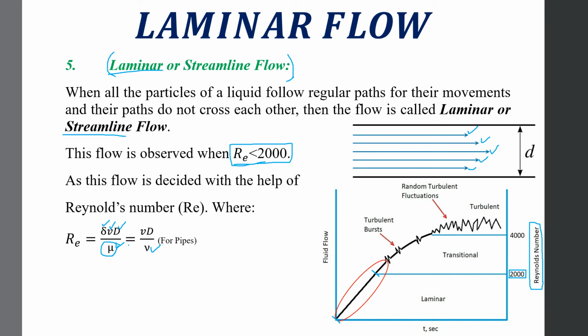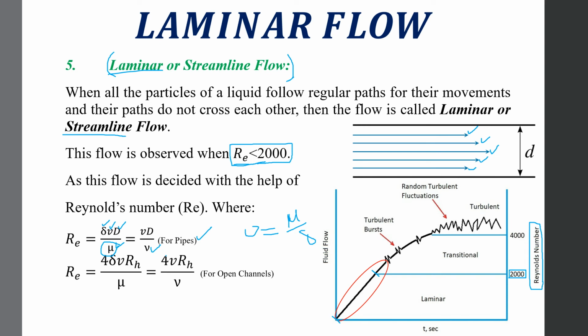So we simply can say that kinematic viscosity nu is equal to dynamic viscosity divided by density of fluid. So for pipes, there are two formulas, one involving density and dynamic viscosity, and the other involving only kinematic viscosity.